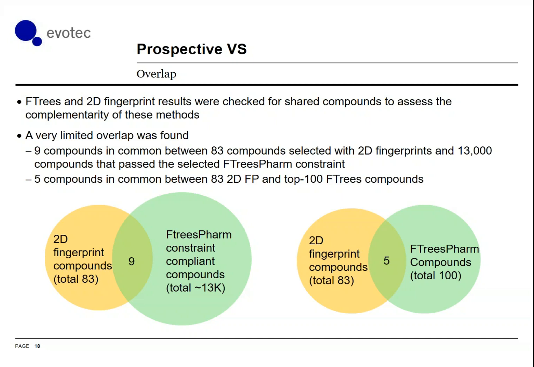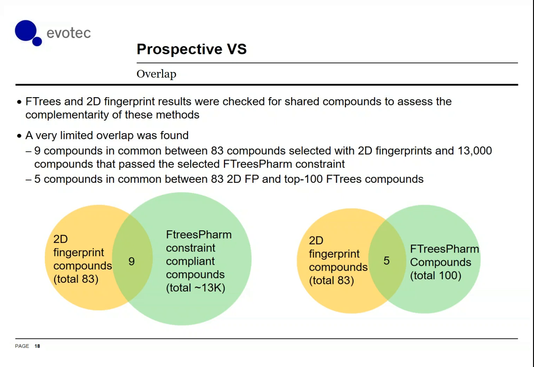In the top 83 compounds, the selection obtained by merging the rankings of the three different 2D fingerprints, I have found only 9 compounds that were shared with all the 13,000 compounds which initially passed the pharmacophoric constraint applied with the FTrees Pharm. So I think this is really small, 9 in between 83 and 13,000. This was, I think, good in the sense that the two selections are not redundant and, if you want, complementary.